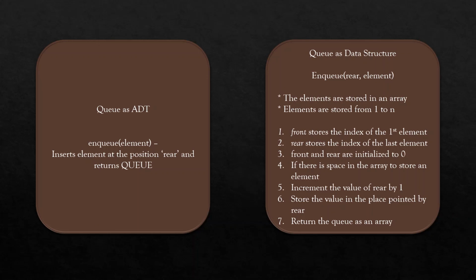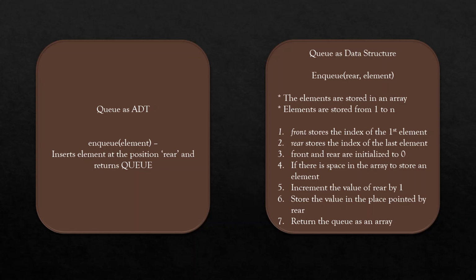But when we look at the queue as a data structure, we have to mention the way it is organized. For example, we say that the elements are stored in an array and the index from which the elements are located are from 1 to n. Front stores the index of the first element. Rear stores the index of the last element.